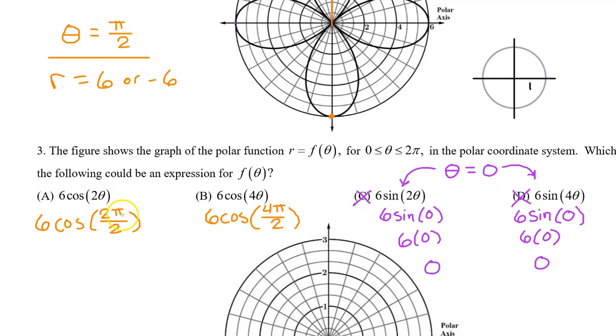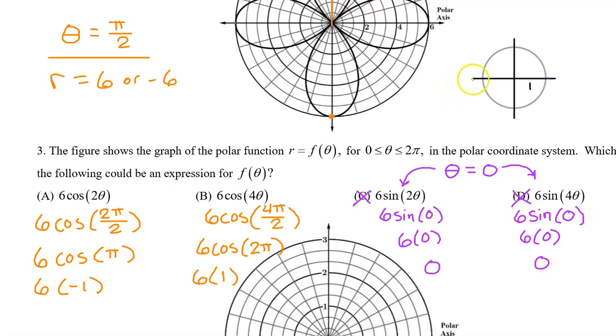Plugging in pi over 2 for theta gives us 6 cosine 2 pi over 2 and 6 cosine 4 pi over 2. These simplify to 6 cosine pi and 6 cosine 2 pi. Cosine is the x value on the unit circle, and the cosine of pi is -1, and the cosine of 2 pi is +1.